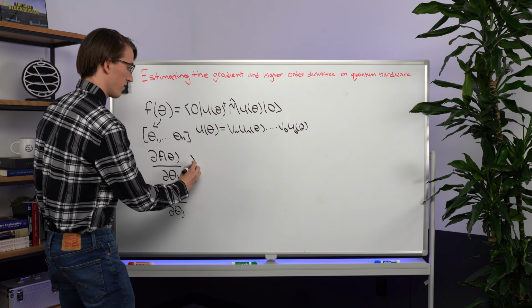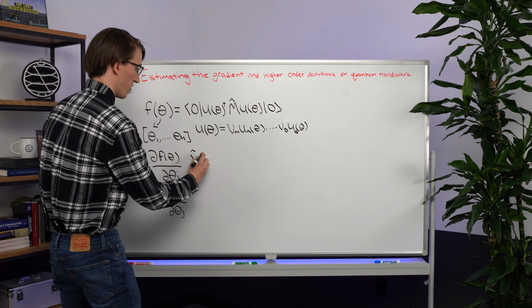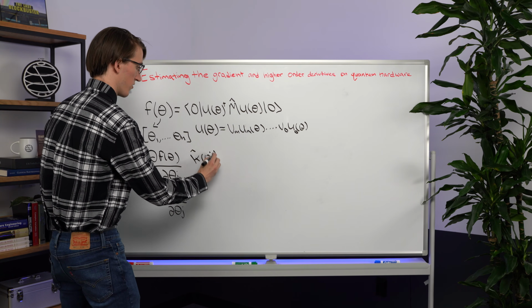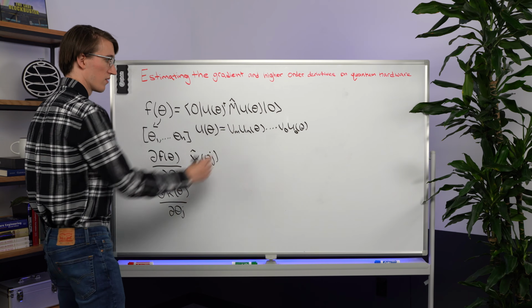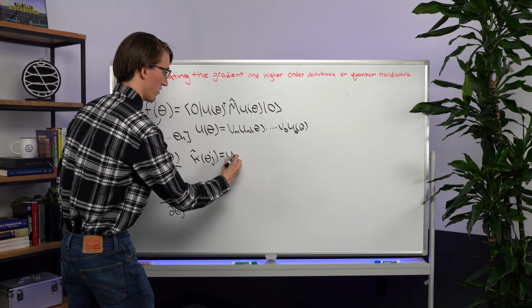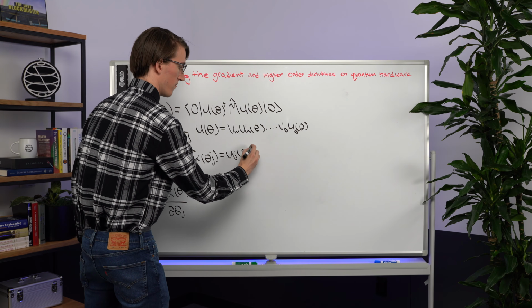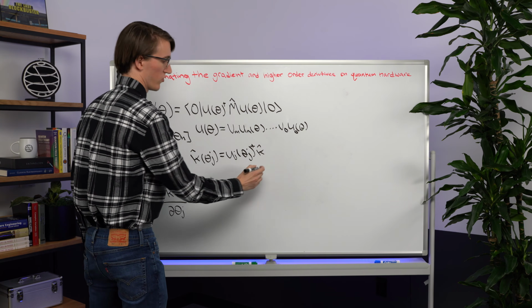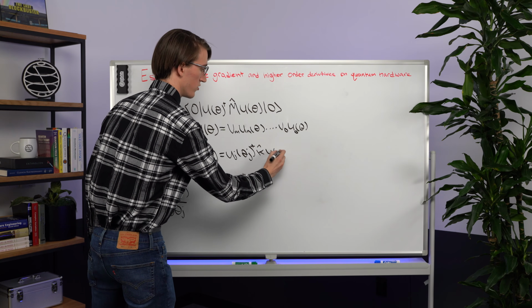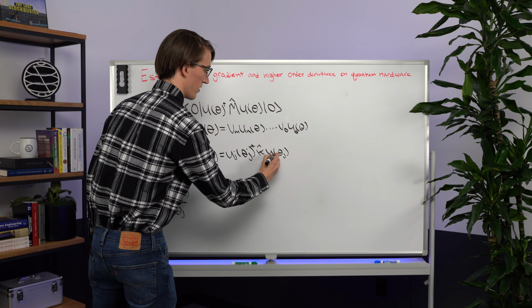Here, K can be represented as the unitary conjugation of a specific one of these. So we have some j and some theta j with this arbitrary operator K and this unitary conjugation.